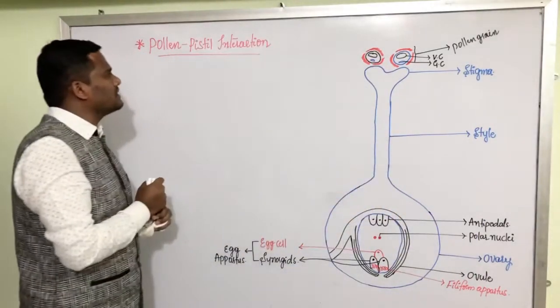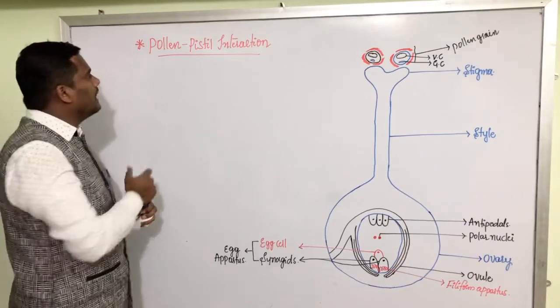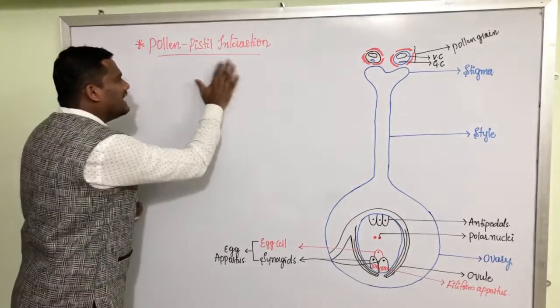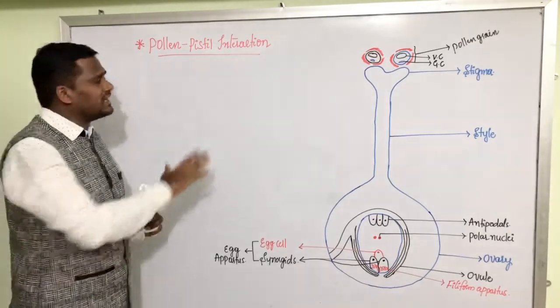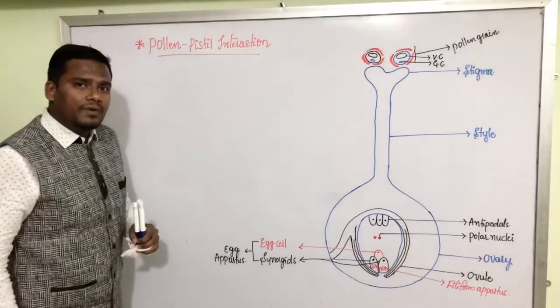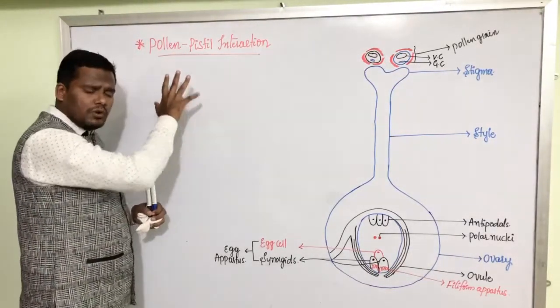Let us try to understand the pollen-pistil interaction in detail. As we have discussed earlier, there is a chemical identification, a chemical interaction, a chemical communication between pollen grain and a pistil. What does pistil refer to here?